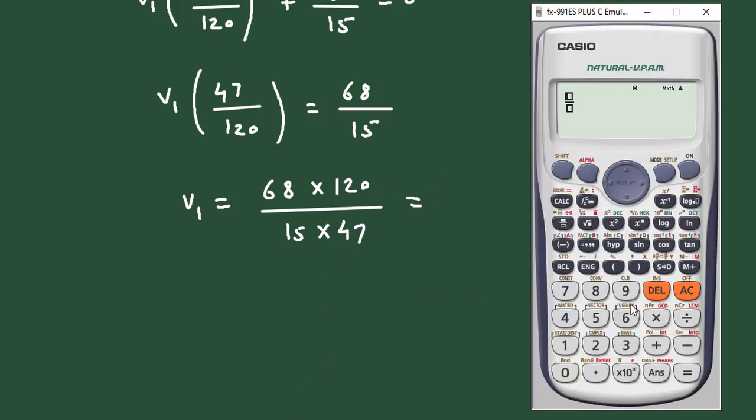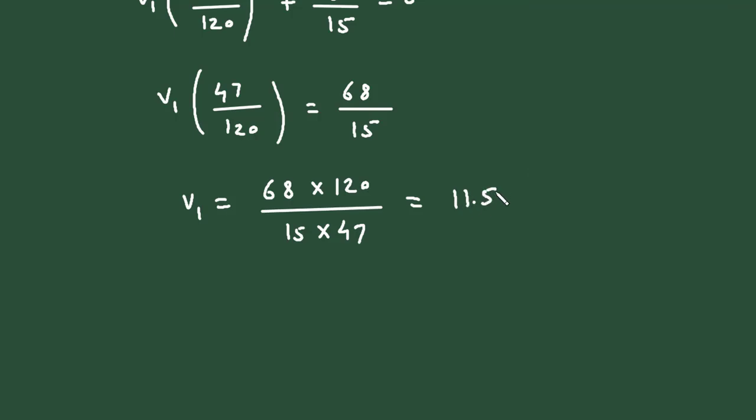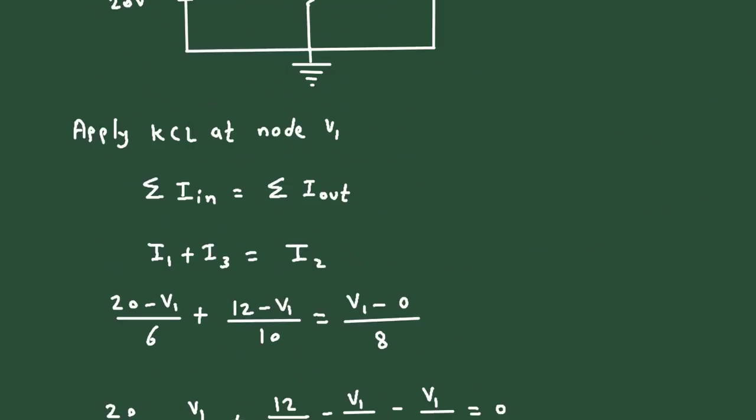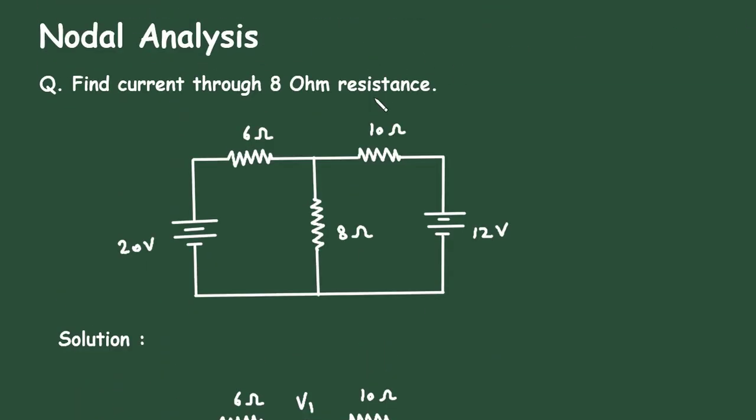So let's simplify this: 68 multiplied by 120 divided by 15 multiplied by 47. So it is 11.57. Since it is a voltage, its unit will be volts. So we can write V1 is equal to 11.57 volt. But here we have to find the current through the 8 ohm resistance.